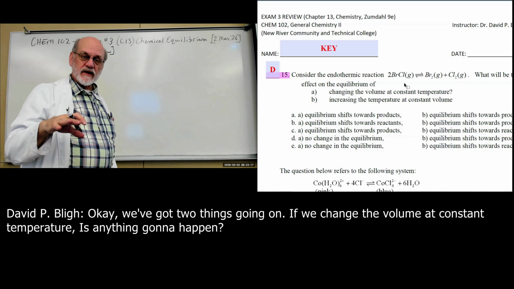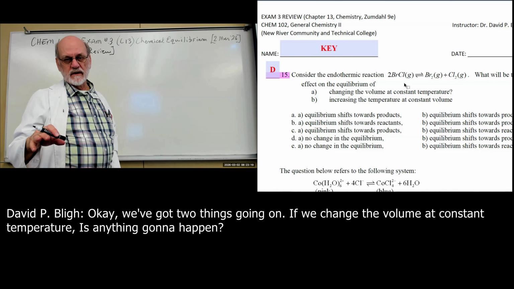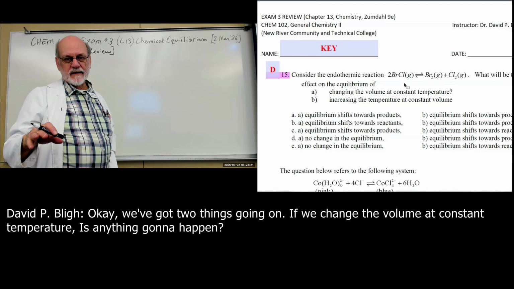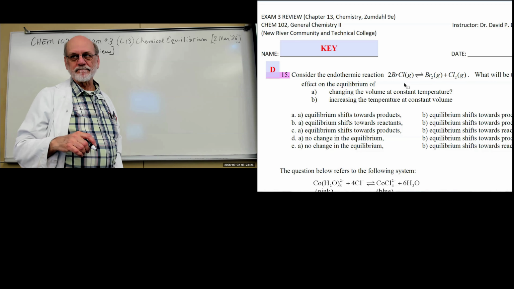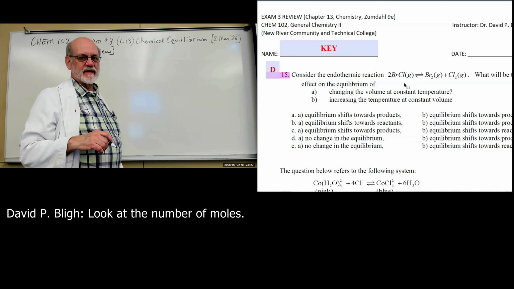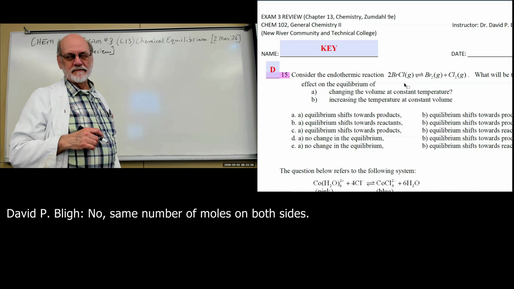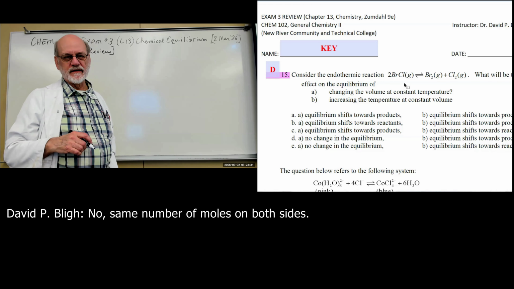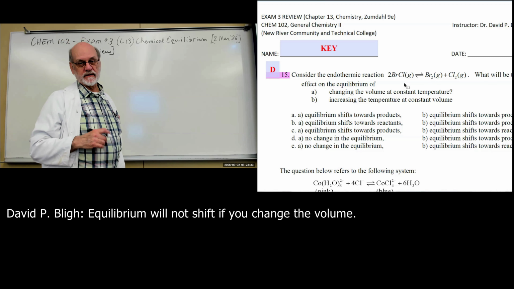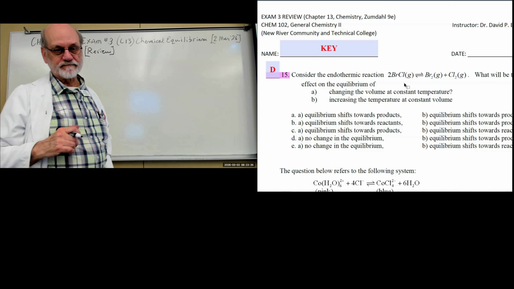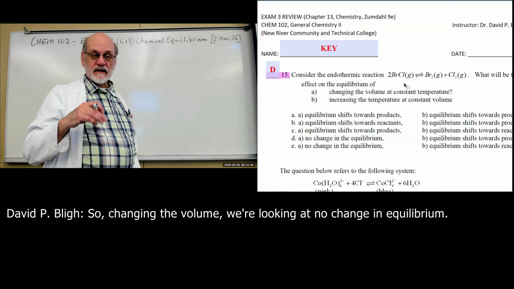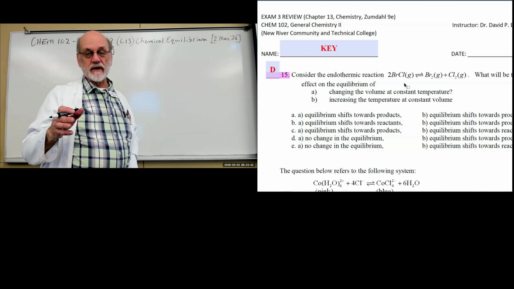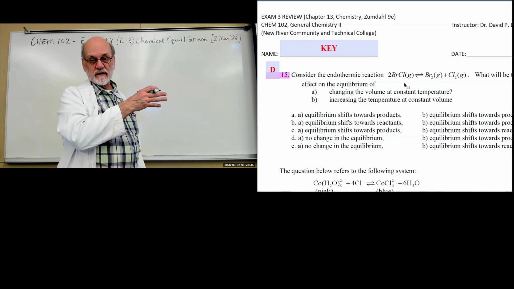If we change the volume at constant temperature, is anything going to happen? Look at the number of moles. No, same number of moles on both sides. Equilibrium will not shift if you change the volume. So changing the volume, we're looking at no change in equilibrium for the A part.